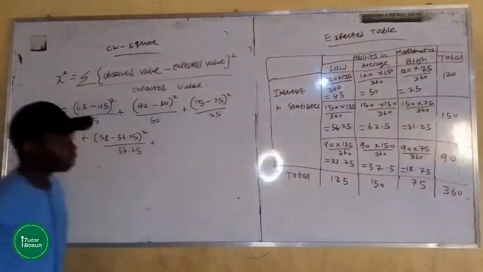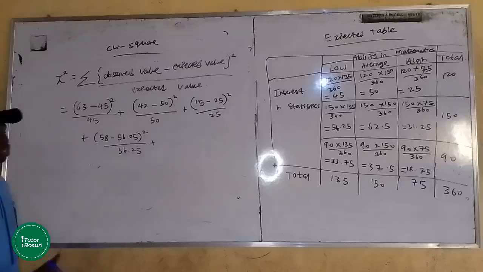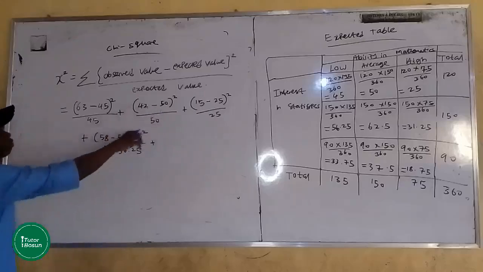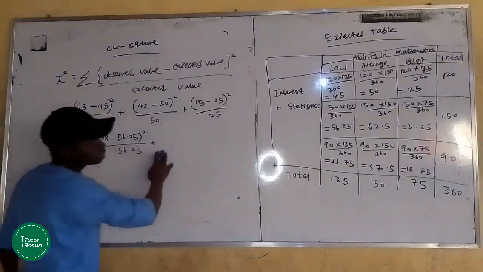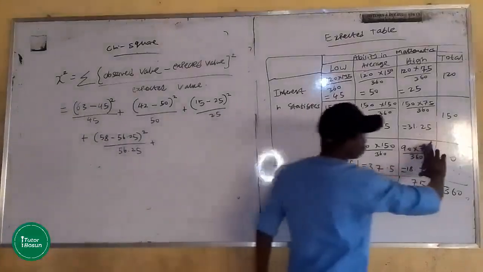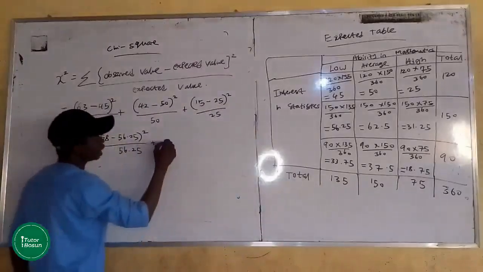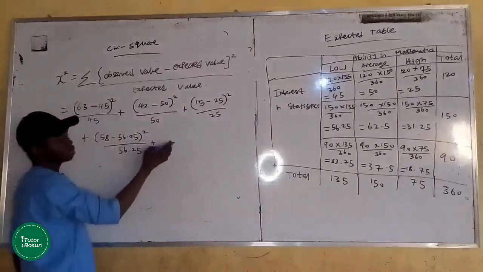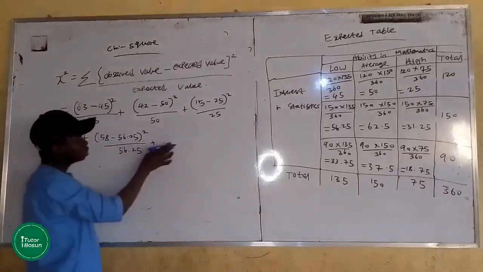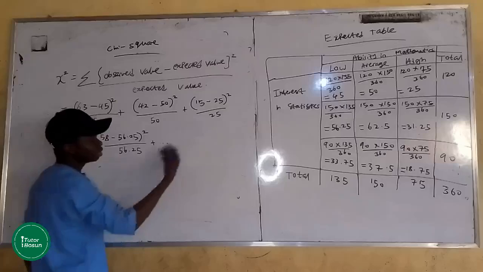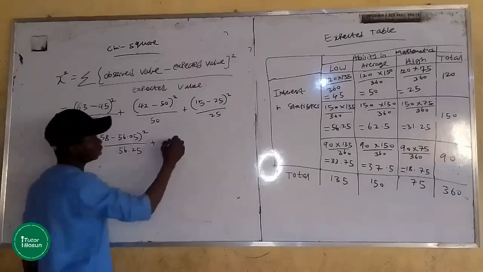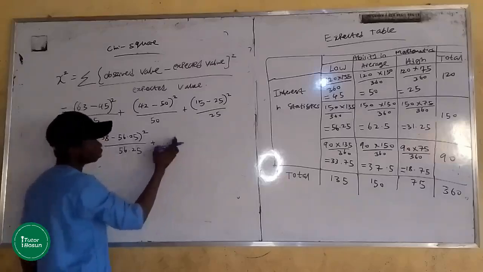So since you've done about 4, you can just go to the last one here. But please make sure you indicate that that's not everything. You can use 3 dots to indicate that there are some hidden values there. Then you just say plus, hidden dots.